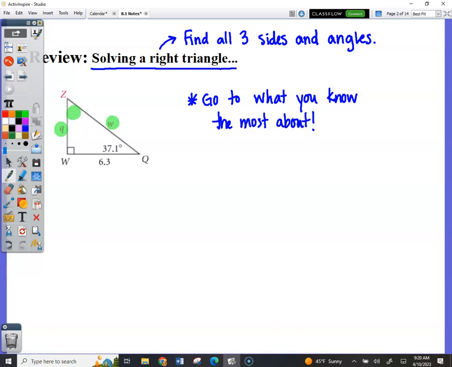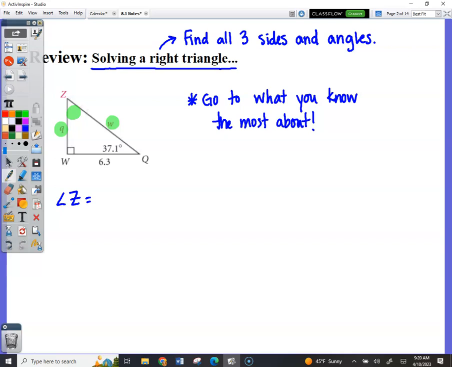Do you know more angles or do you know more sides? You know more angles. So it's easier to start with the missing angle. So we're missing angle Z. Number one, it's a right triangle, which means it has one angle that measures 90, which is the little square.